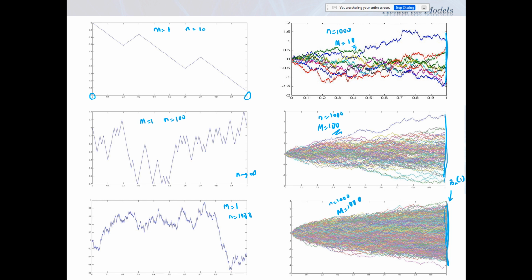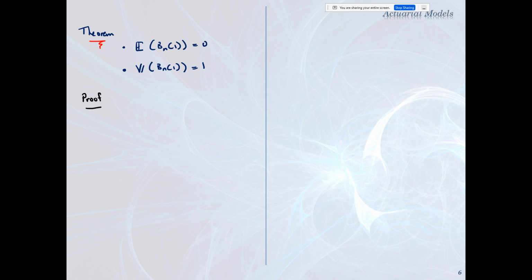For example, for this one, it is Bn(2)/n, where n is equal to 10. For this one here, it is also Bn(2)/n, but here n is equal to 100. What I want is Bn of 1.